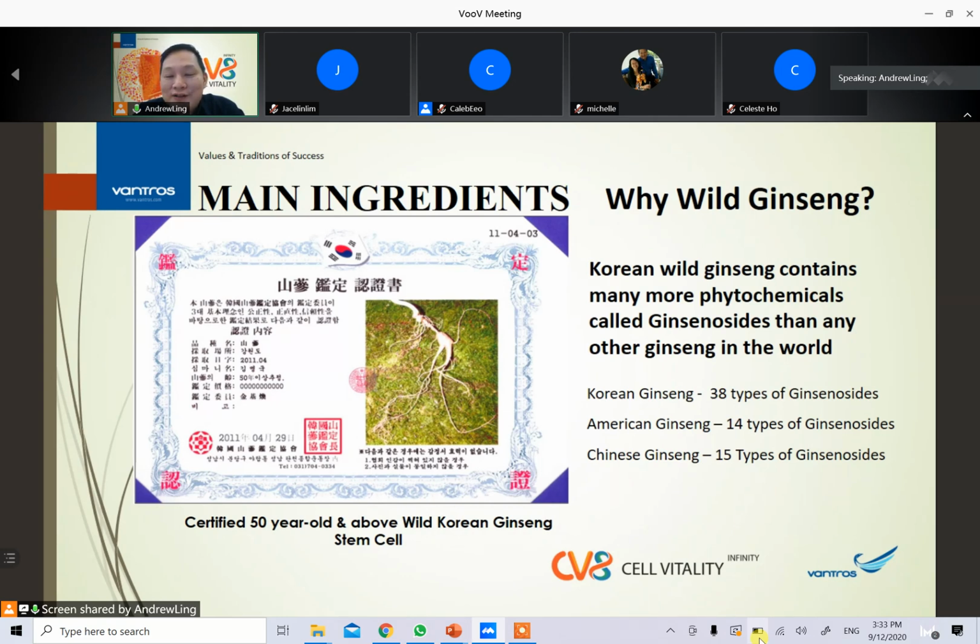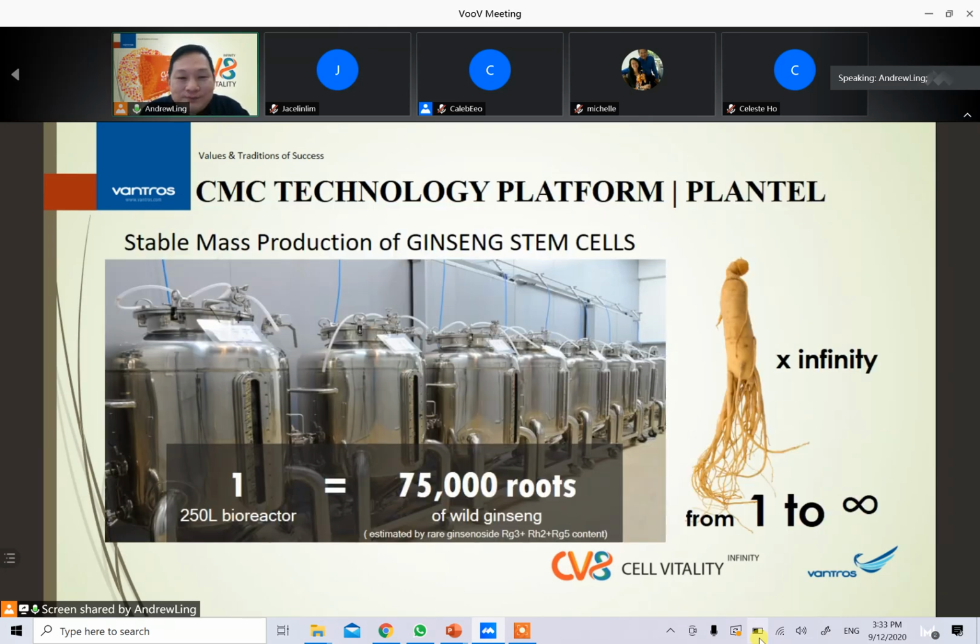But how come we can produce so many wild ginseng? It is mainly because of the CMC stem cell technology as well as the production system. That is why we can mass produce this Korean wild ginseng stem cell. With one CMC stem cell, you can keep it forever, and whenever you need it, you just put it into the bioreactor and mass produce it.